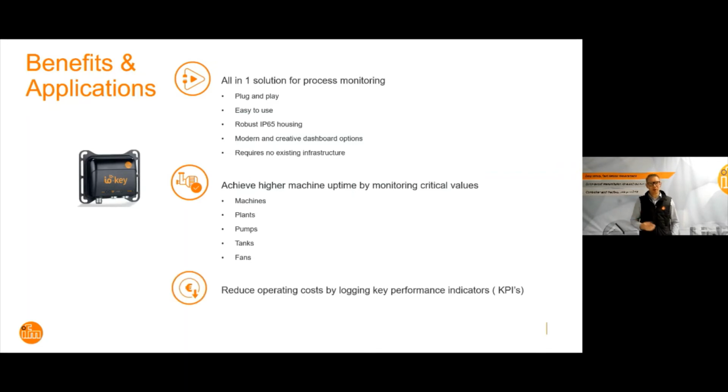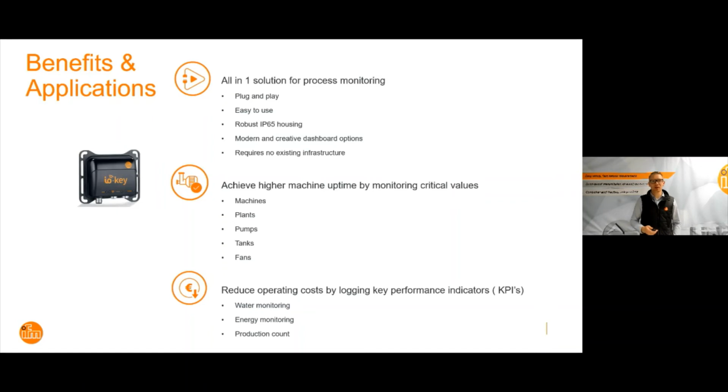Another thing that's quite nice, with the Ioke you can reduce operating costs by logging key performance indicators. For example, if you're looking for a solution to do some water monitoring in remote areas, or you don't have infrastructure and you don't want to connect it to your PLC, this is one very easy way to do that. Energy monitoring, maybe air monitoring, compressed air usage, production count.